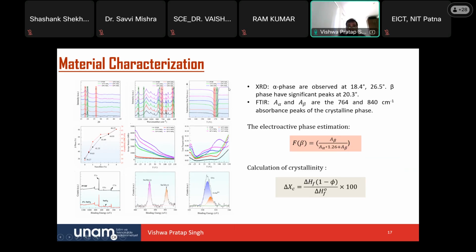And we did the DSC to understand the stability of this polymer. You are heating at 240 degrees Celsius, but after heating and cooling, there is no issue with the stability. The polymer is really stable, and as you can see, as we are reinforcing more amount of nanomaterials, we are getting more beta phase.